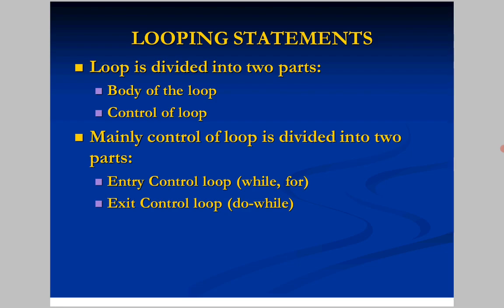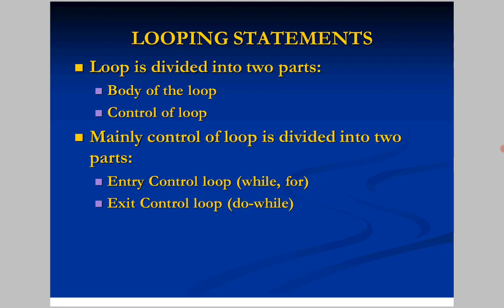Based on the condition given, the loop will be executed for a fixed number of times, or as long as the given condition is true. Whenever the given condition is false, it simply comes out of the loop.